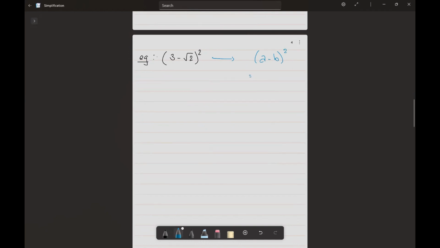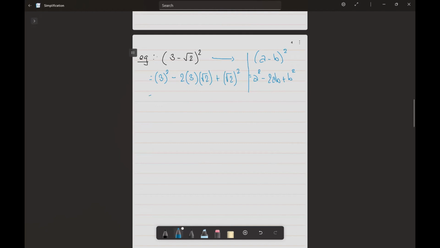We know that this formula equals a square minus 2ab plus b square. So we are going to apply a similar concept in here. In here, our value of a is 3 and value of b is root over 2. So a square means we have 3 square, minus 2 times a, which is 3, times b, which is root over 2, and then plus b square, which means root over 2 squared.